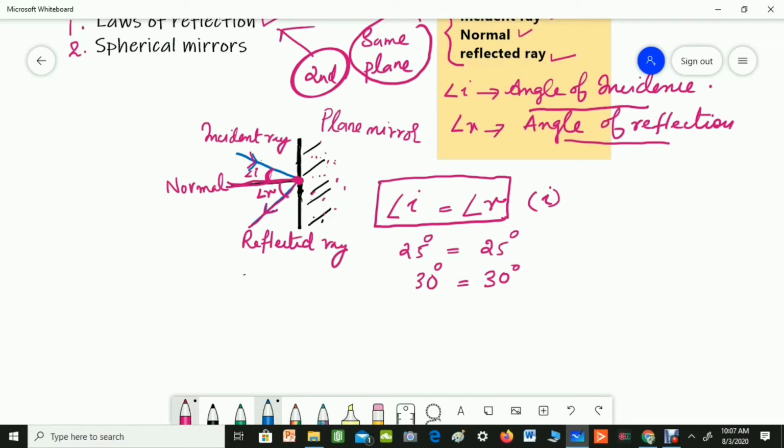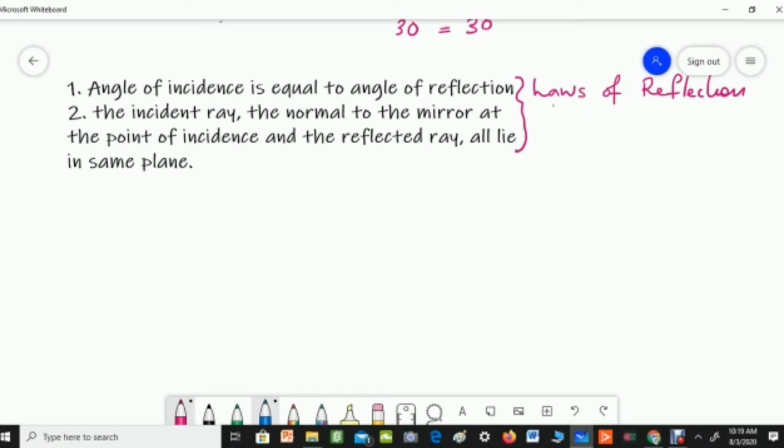And the second one is the incident ray, the normal to the mirror at the point of incidence, and the reflected ray all lie in the same plane. These are the two laws of reflection. And this law is applicable to plane mirrors as well as spherical mirrors.